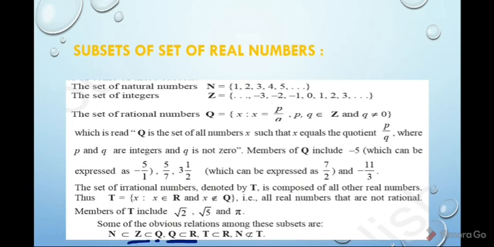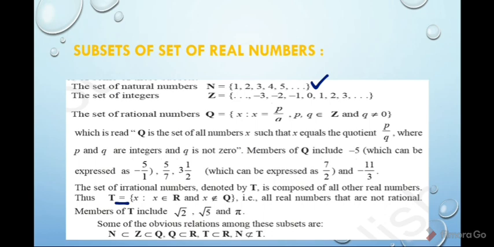Then the set of irrational numbers is also a subset of the real numbers, because all irrational numbers are real numbers. But if you judge between natural numbers and irrational numbers, that means N and T, you know that T contains the elements root 2, root 3, root 5, root 7, pi, and natural numbers contain 1, 2, 3, 4, 5 and so on.